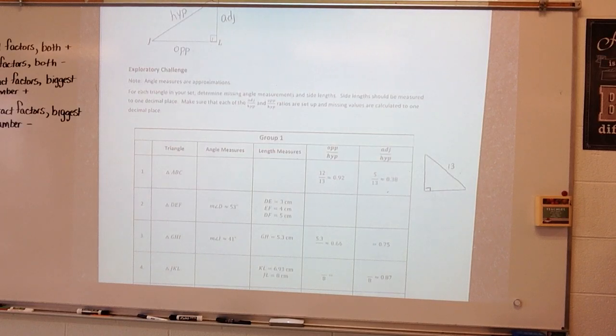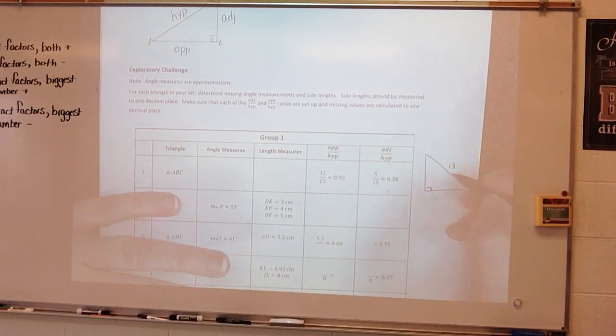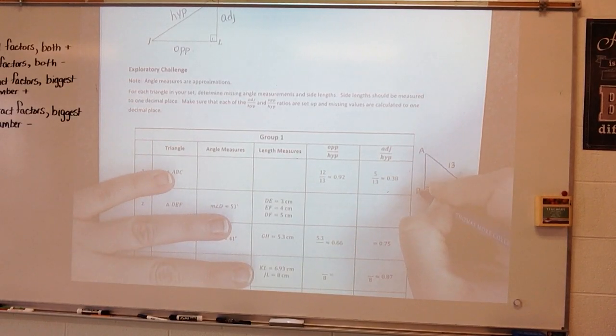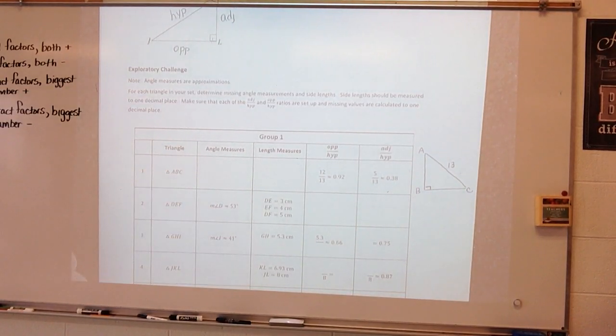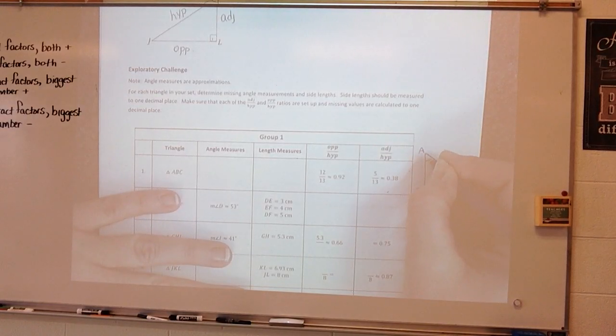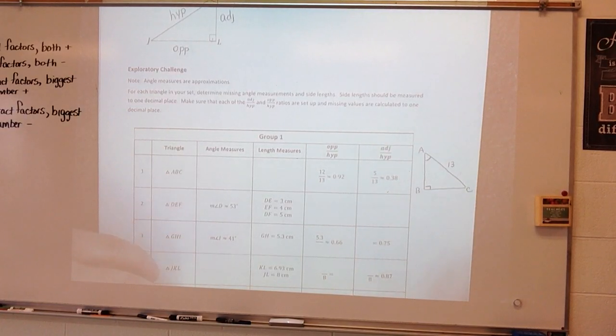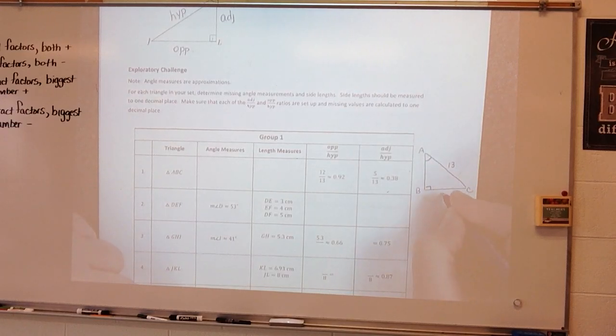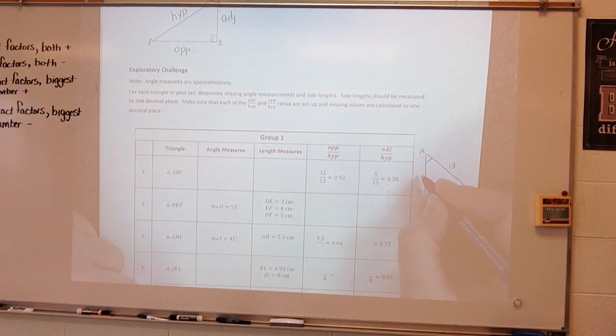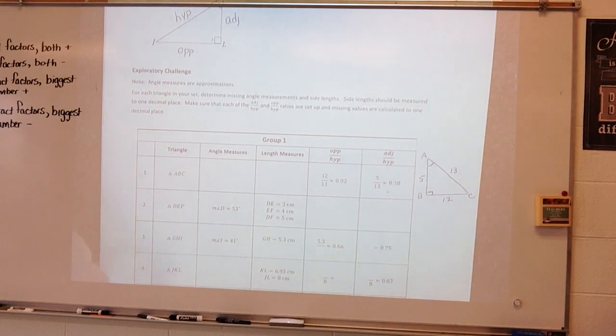Let's just go ahead and label this A, B, C. I'm going to do in reference to angle A. So angle A means my opposite would be 12, and my adjacent would be 5.